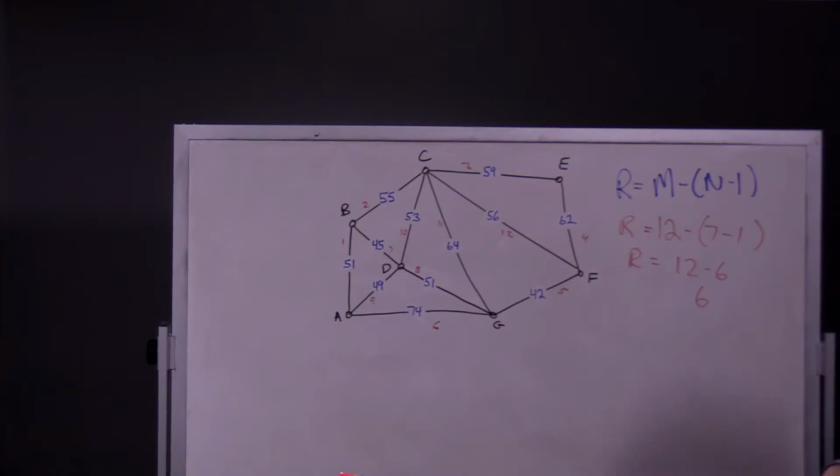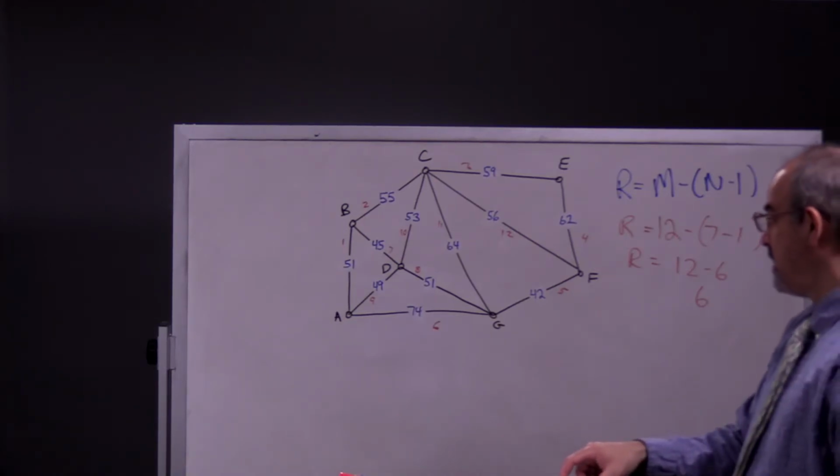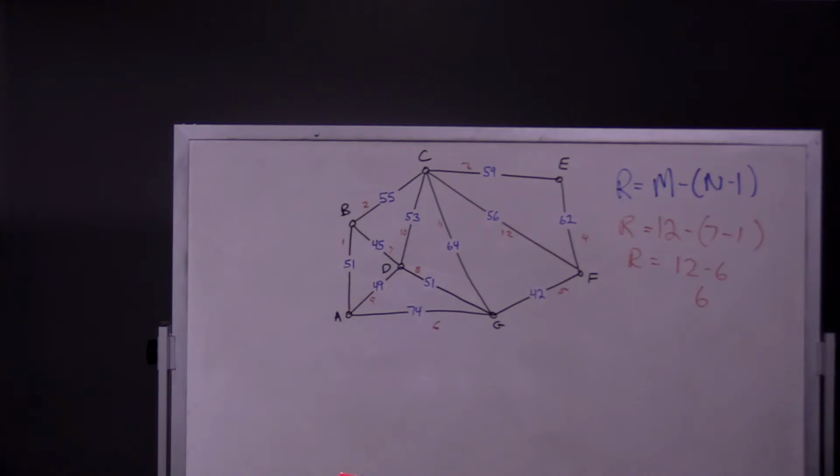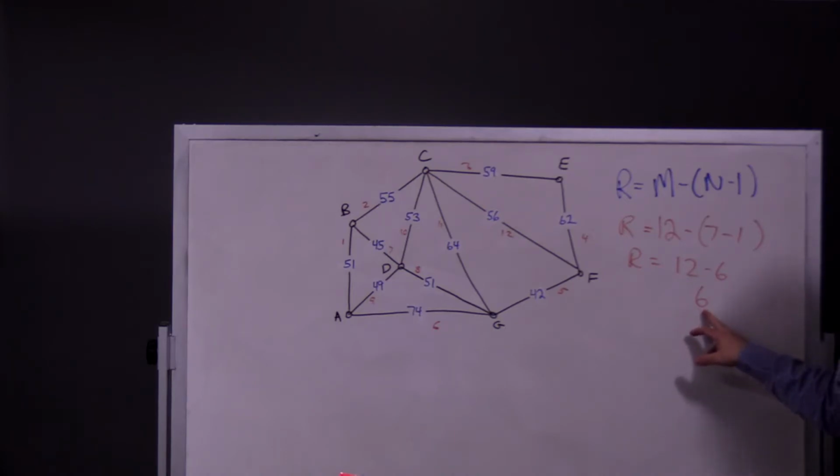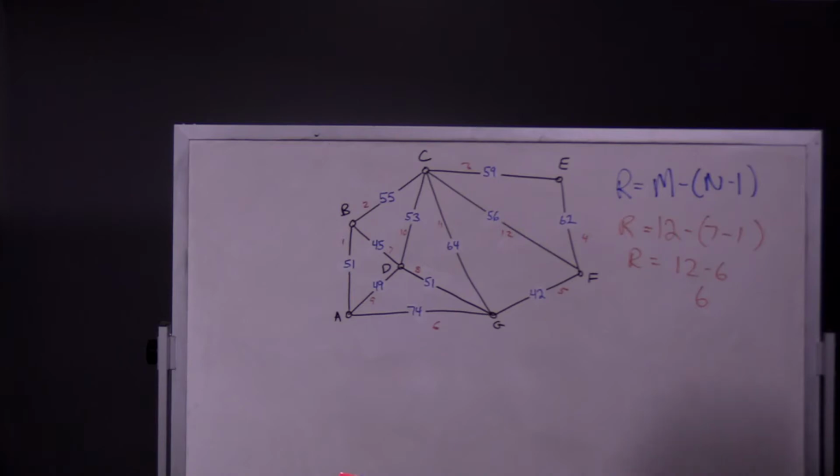In other words, we can get rid of 6 edges. That's what this means. It means there's 6 edges there that really don't need to be there, and you can still have it be a network.